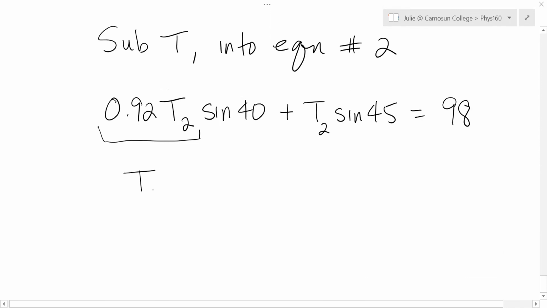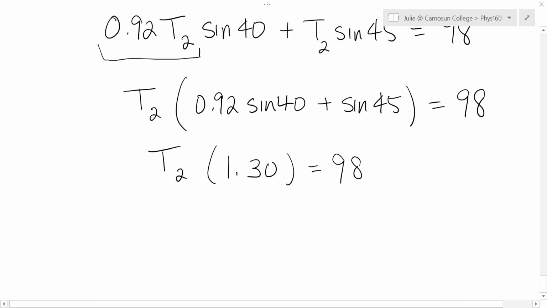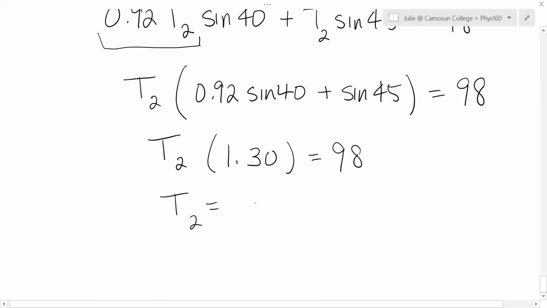Okay, now I can factor out T2, and I get 0.92 sine 40 plus sine 45 must equal 98. Work out that number in brackets there. And the number in brackets is 1.30. And so T2 is equal to 98 divided by 1.30.